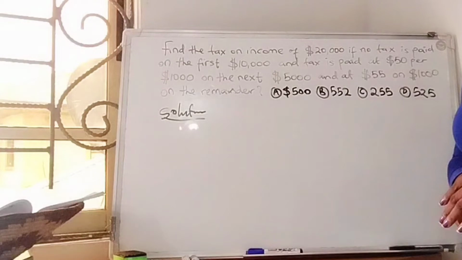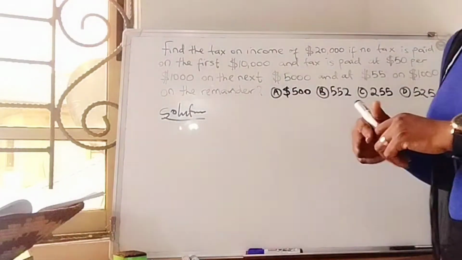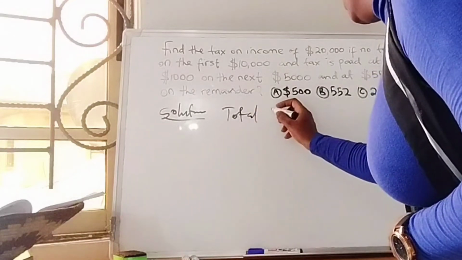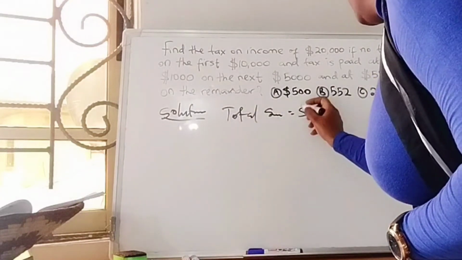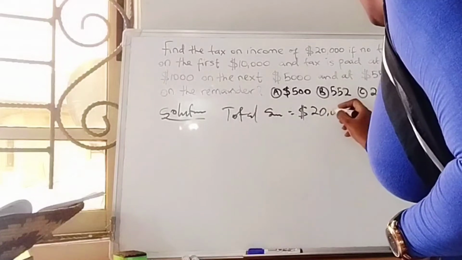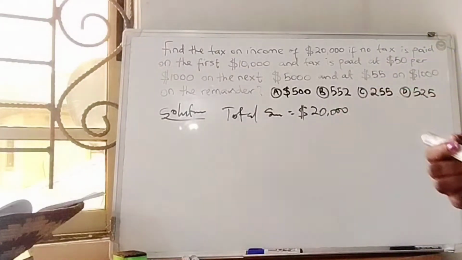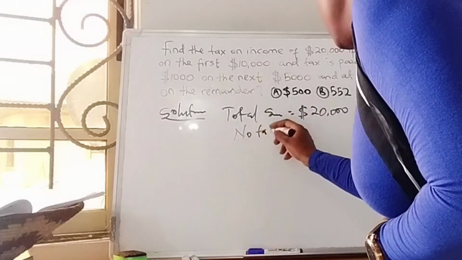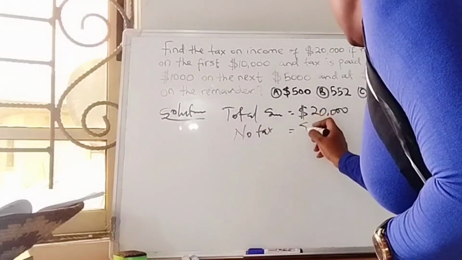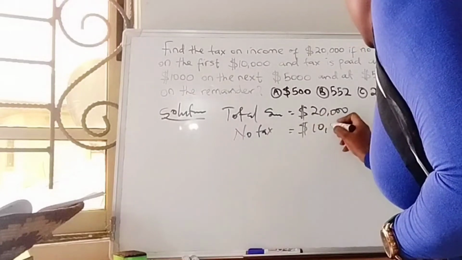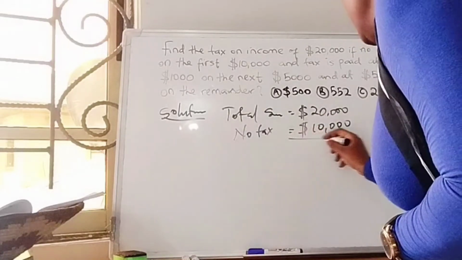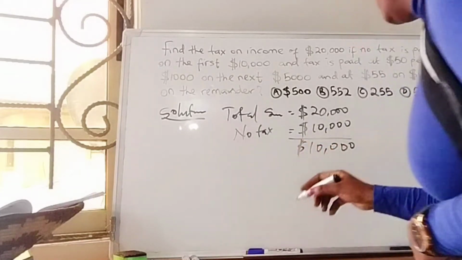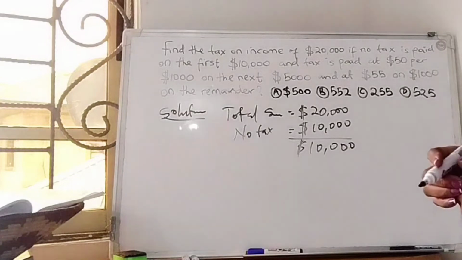So on your rough sheet, after you have analyzed it, first of all, we know that the total sum is $20,000. All right? And then we know that no tax was paid on $10,000. So the remaining of 20,000 is what? $10,000, right?